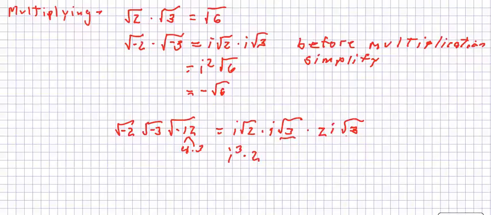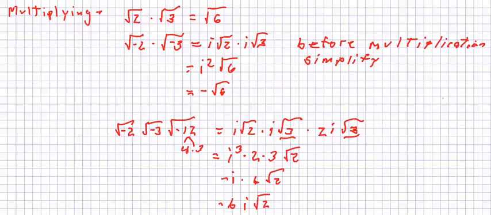Square root of 3 times the square root of 3 is square root of 9, or 3. And we have square root of 2. Now, i cubed from yesterday is negative i, so we have negative i times 6 square root of 2, and putting it in the proper form, negative 6i square root of 2.